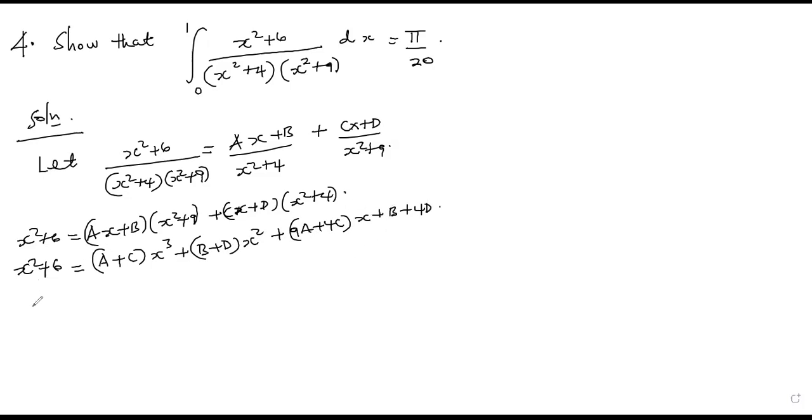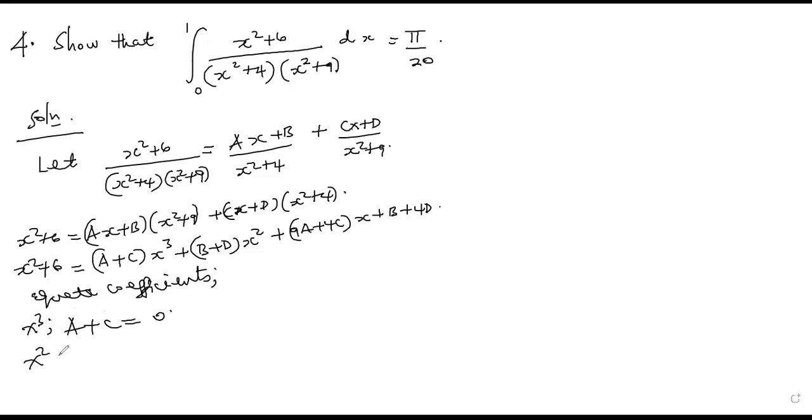So if you equate coefficients, for power 3, this side we have 0, but this side we have a plus c. So it is a plus c equaling to 0.